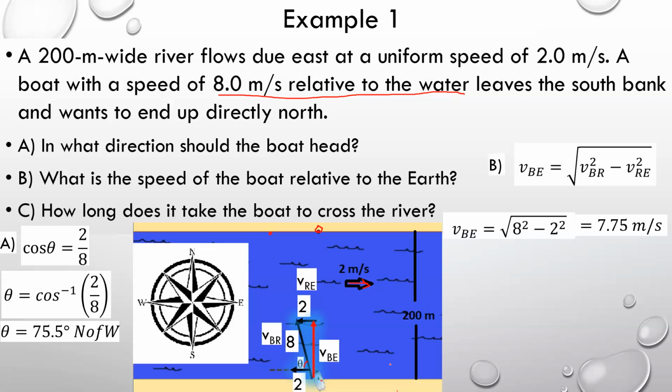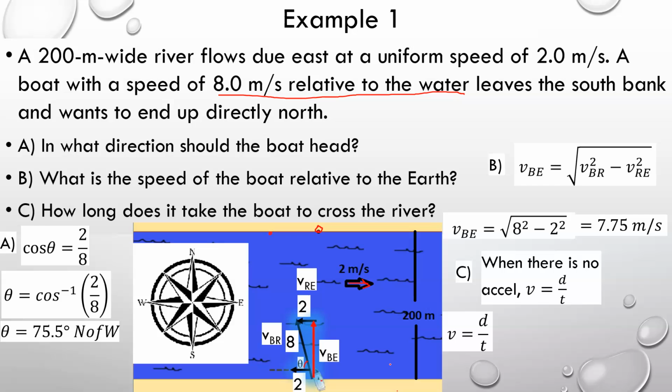And then for the last part of the problem, how long does it take the boat to cross the river? Well, we don't have to worry about any acceleration here. And when there's no acceleration, the speed of something, or the velocity of something, is just equal to the distance over the time, or the displacement over the time.